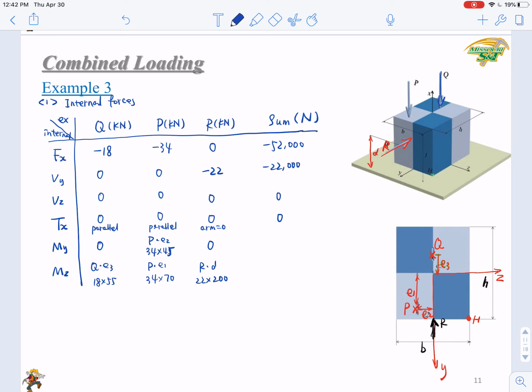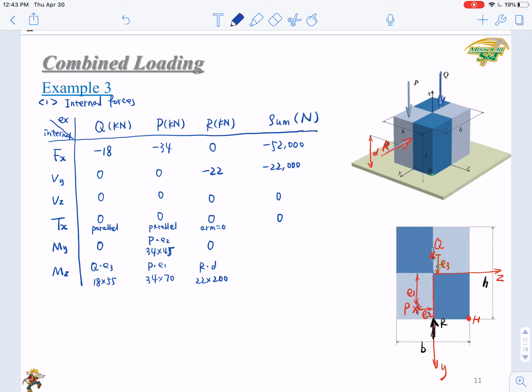So we can set this is a positive thing, since let's look at the PE2. Okay, the PE2 will tend to make a tension at point H, right? So we can say this is a positive bending moment.